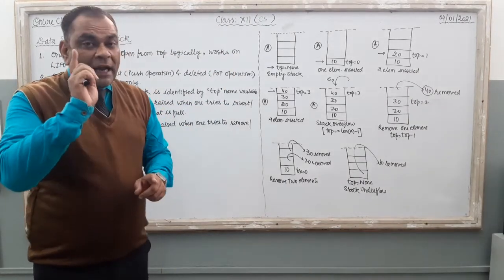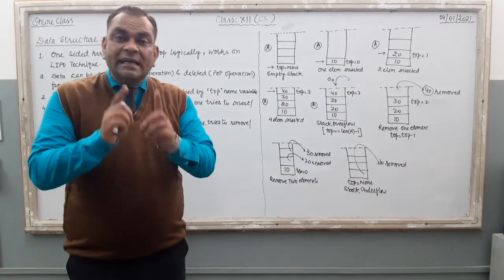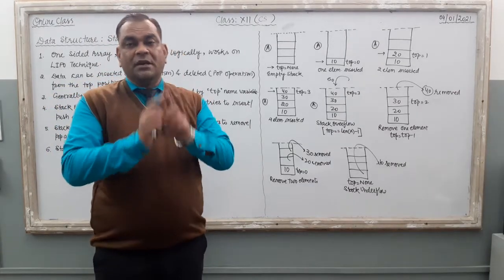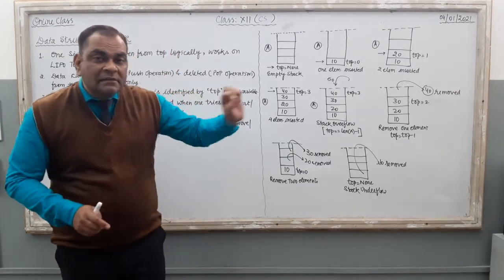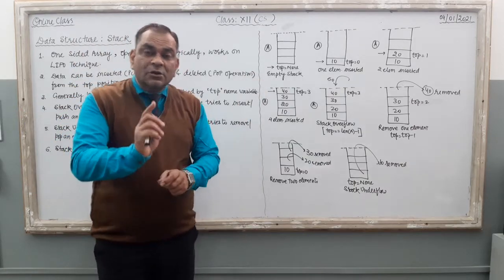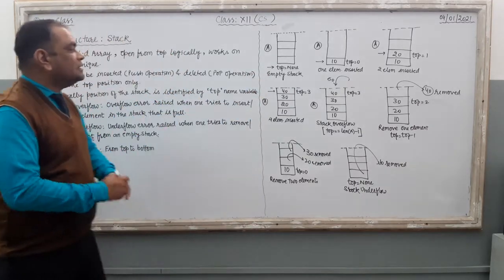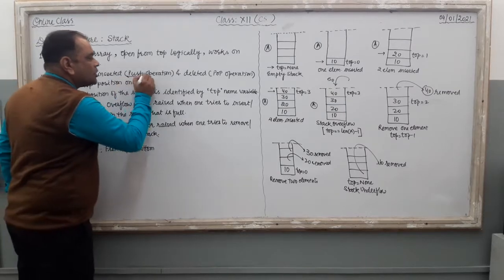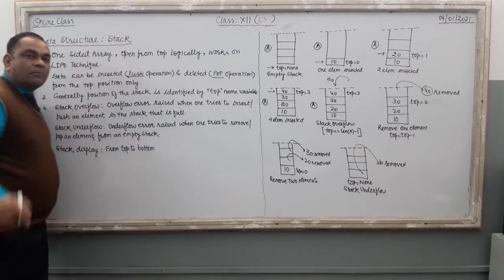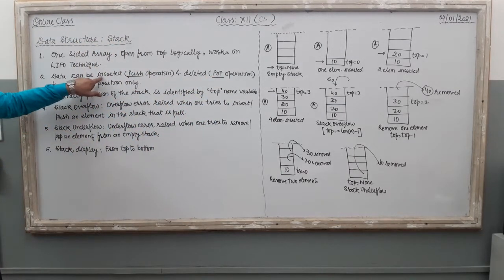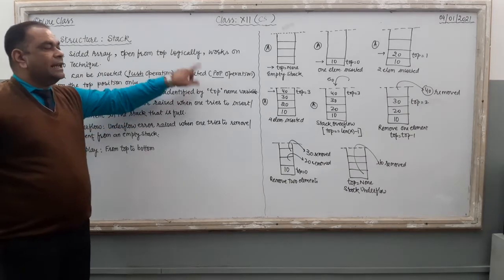If you want to insert an element, it is known as push operation. If you want to delete something from the stack, it is known as pop operation. These two important terms are there, push operation and pop operation. Push is related with insert, pop is related with deletion.